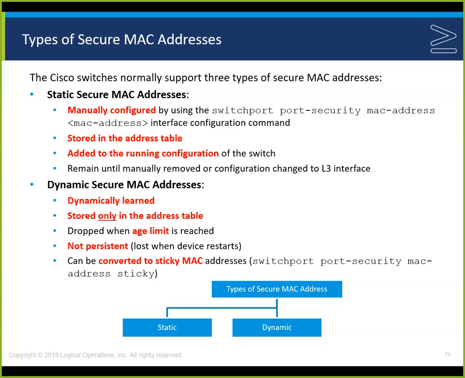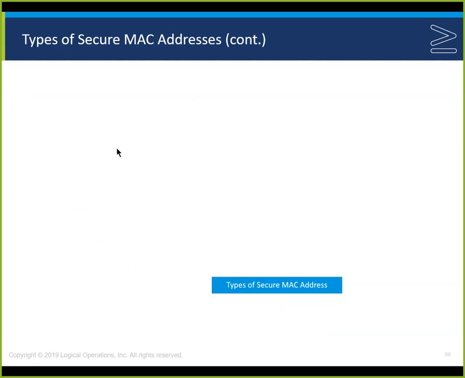Dynamic secure MAC addresses are dynamically learned and stored only in the MAC address table, and dropped when the age limit is reached. They're not persistent, but can be converted to stickies with the switchport port-security mac-address sticky command. It says dropped when the age limit is reached, yes, if the age limit gets reached, but when we configure port security, we disable aging in the MAC address table.